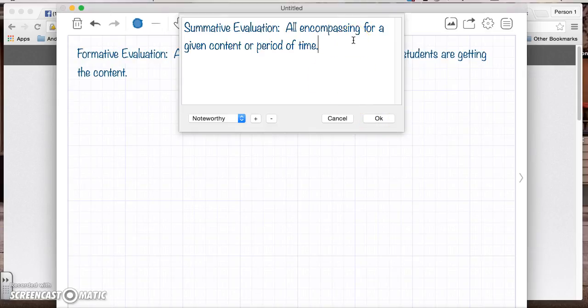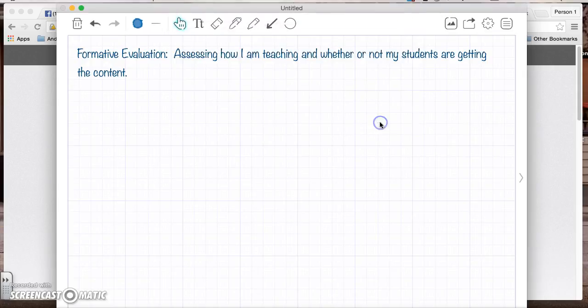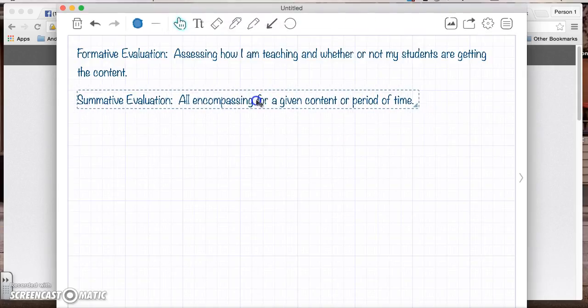So the idea is basically we're giving an evaluation that's tied to some form of standard or skill set or indicator that is summative in nature. It's happening after the instruction has taken place, and it's the summation, or basically the evidence of knowledge earned by that point in time for that given content.